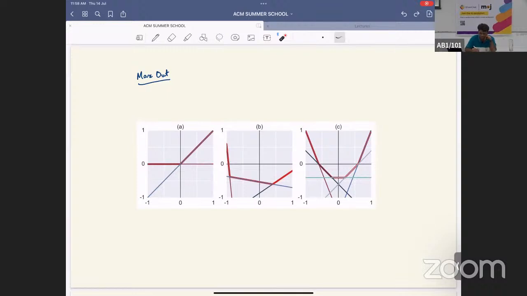And this is another maxout you formed using, I think, 5, right? 1, 2, 3, 4, and 5 linear activation functions. So at every place, whichever linear activation function gives a maximum value, you choose that. So the non-linearity is this.